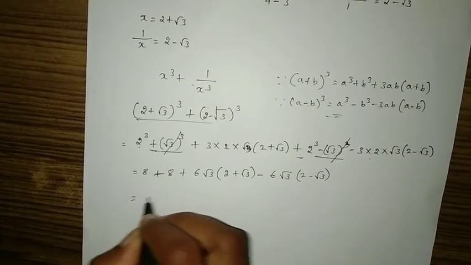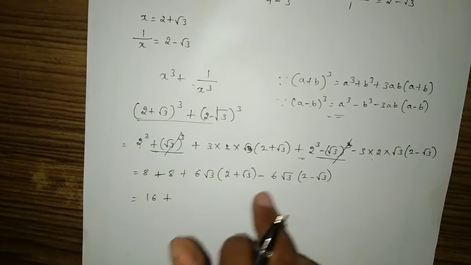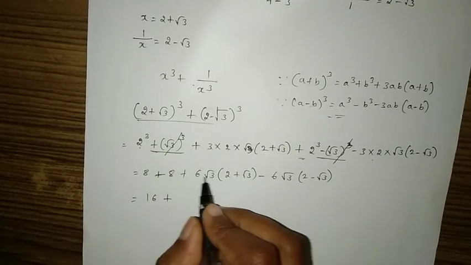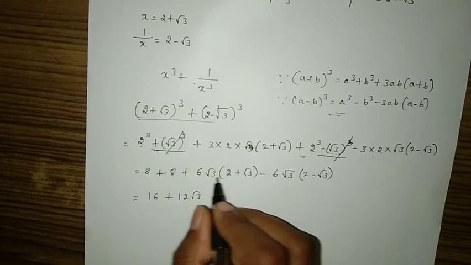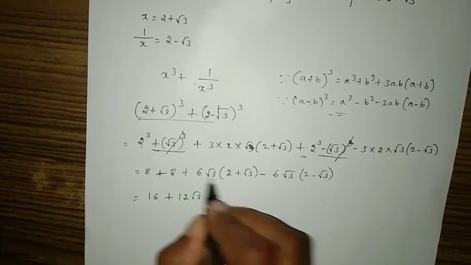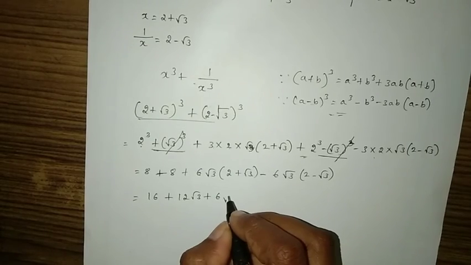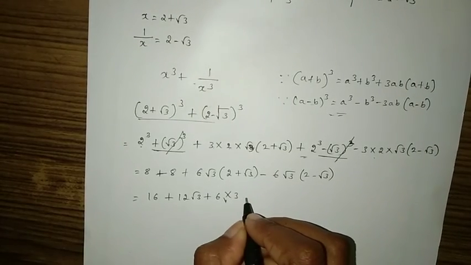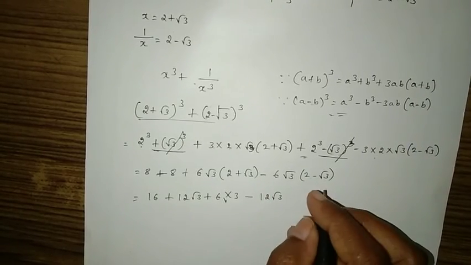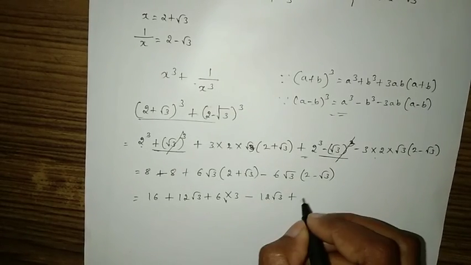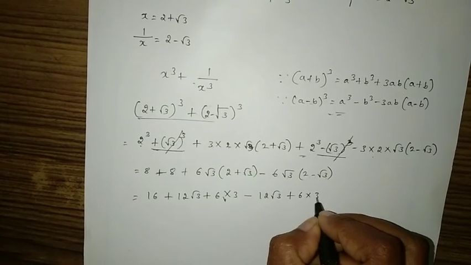So 8 plus 8 is 16, plus, so what happens here is 6 2s are 12, 6 2s are 12 root 3, I'm multiplying this. Okay, 6 2s are 12 root 3, and here plus 6 into root 3 becomes 3, multiply 3. Okay, minus 6 2s are 12 root 3, minus into minus becomes plus. Okay, 6 into root 3 into root 3 becomes 3.